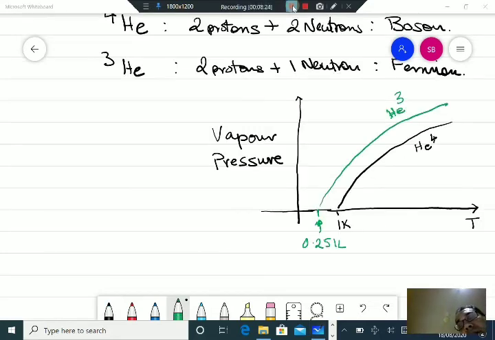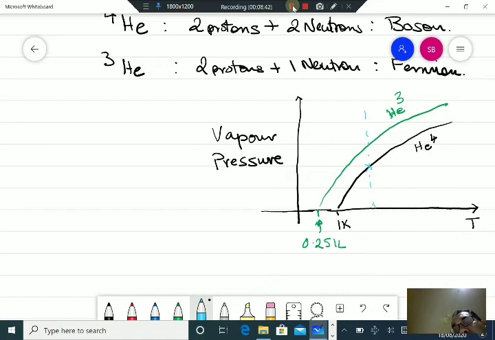Helium-3 is a gas. If you collect helium-3, then helium-3 has a much higher vapor pressure compared to helium-4 at any given temperature.